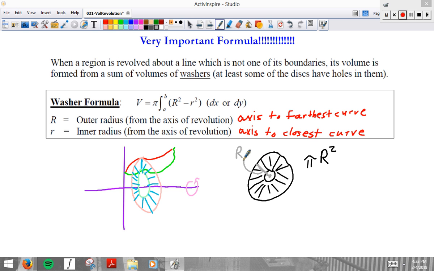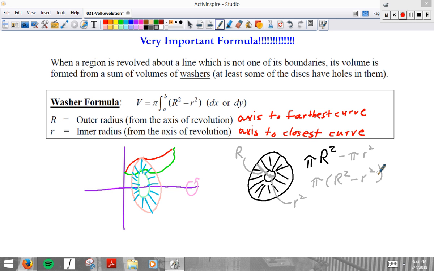We would call that the big R. And then this right there would be the little r. So we'd find the big area and we would subtract the small area, and that's how we get the area of these lifesavers. If you factor out pi, that's how this is working. Okay? That's where this formula comes from.